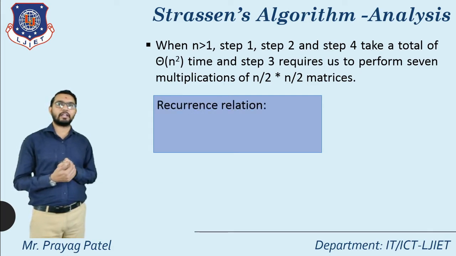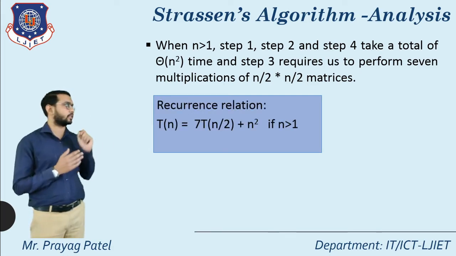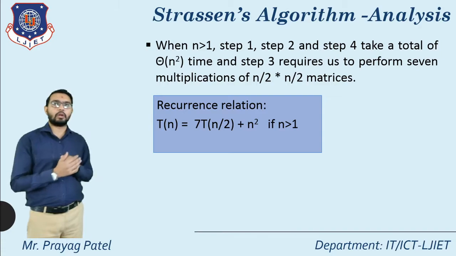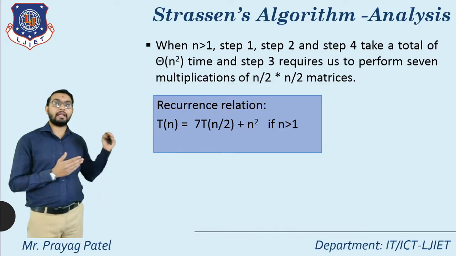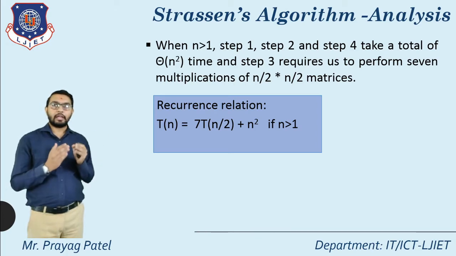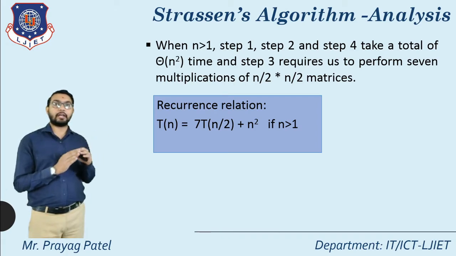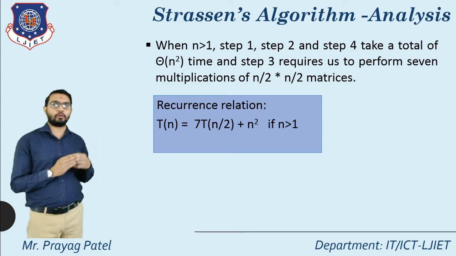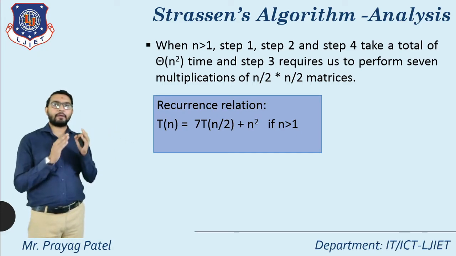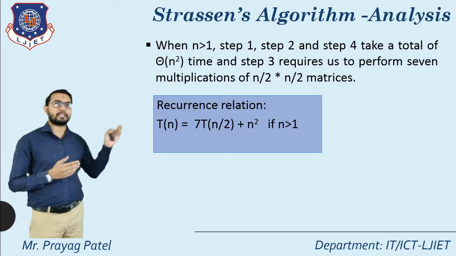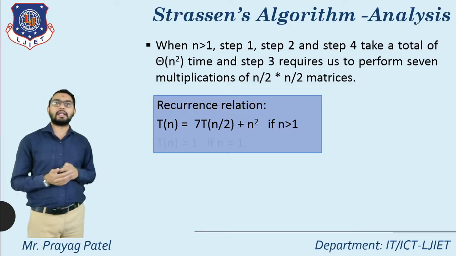Now what is the recurrence relation for Strassen's matrix multiplication? T of n equals 7T of n by 2 plus n square, if n is greater than 1, meaning 2 cross 2, 4 cross 4 and so on. Then there are a total of 7 multiplications of n by 2 matrices, so we write 7T of n by 2 plus n square.